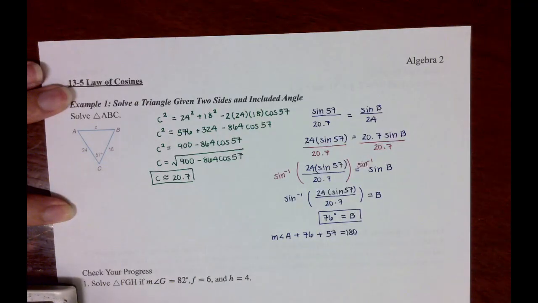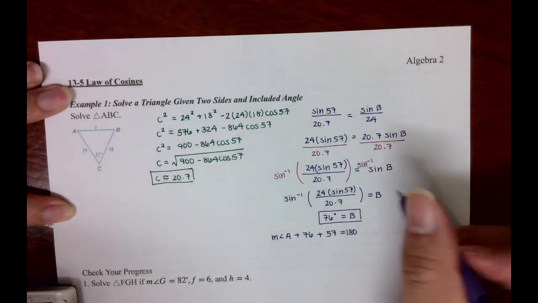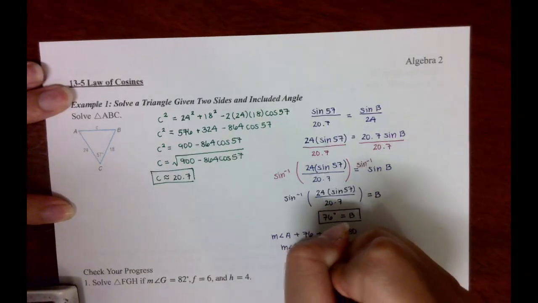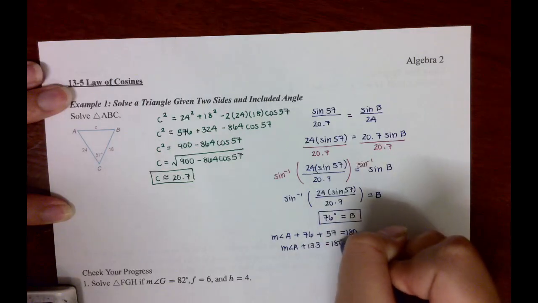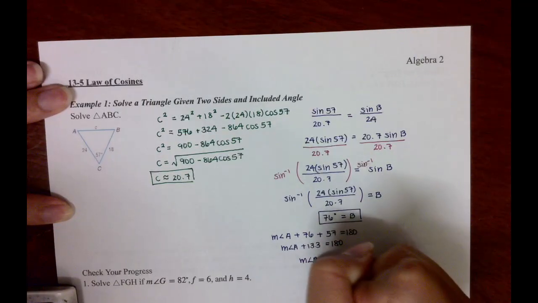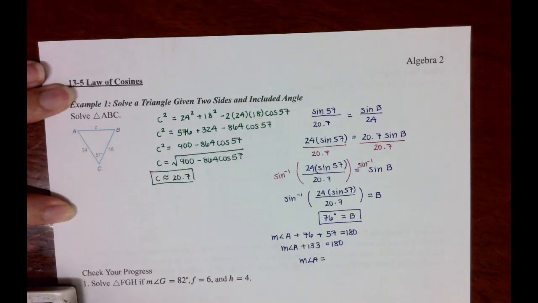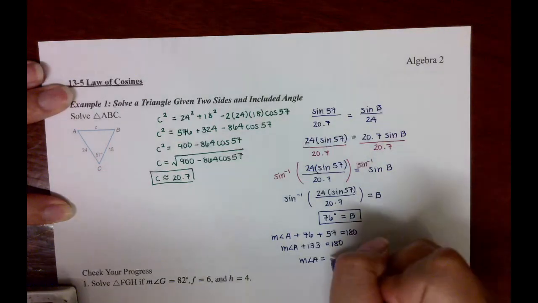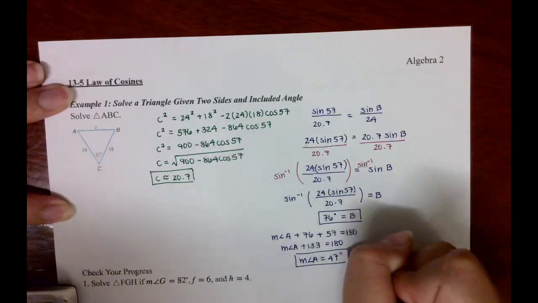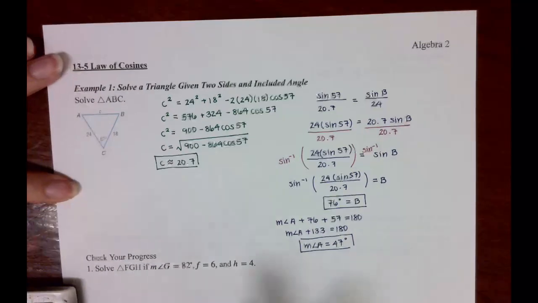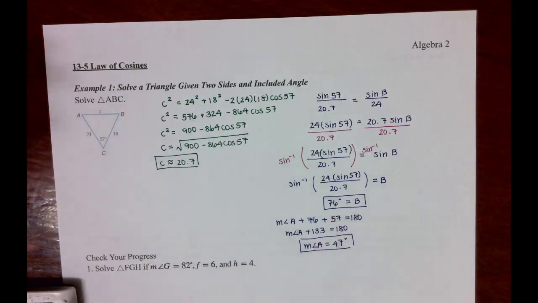Okay. So 76 plus 57 is 133. Subtract 133 on both sides. And that gives me 47. Okay. And so now I solved everything. I have all of the sides and all of the angle measures.